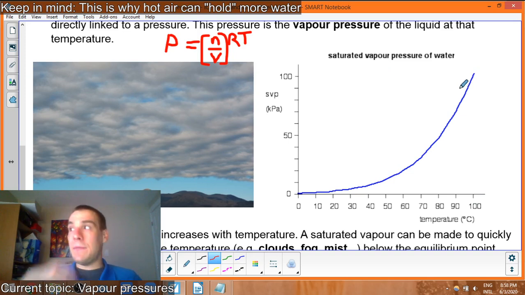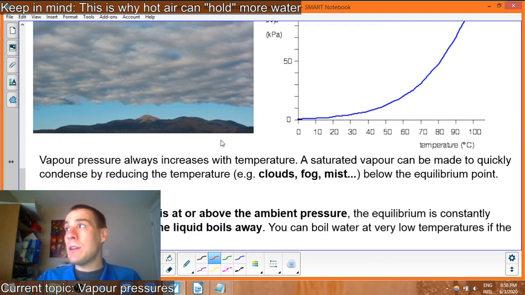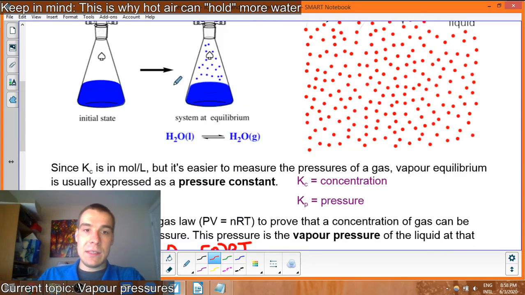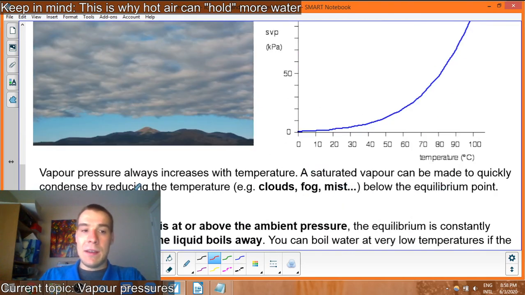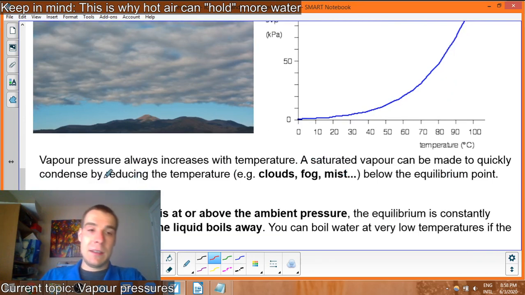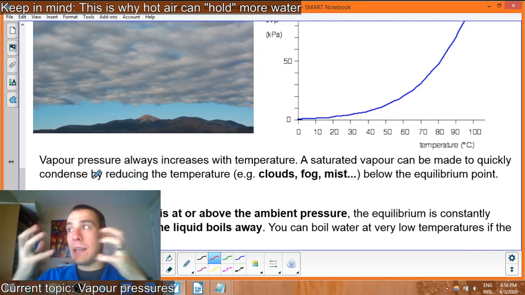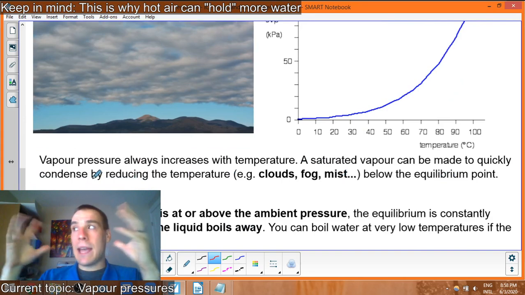And at that point, the vapor pressure of the water is equal to the outside pressure. And hey, guess what happens? It boils. Wow. Vapor pressure increases with temperature. And so this saturated vapor, if you have this saturated with the vapor, and you cool it down very quickly, not even that quickly, it'll condense from that invisible gas phase water vapor.